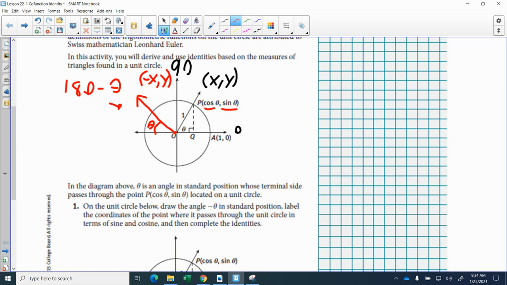In reference to sine and cosine, that would mean you would have a negative cosine, because that is your x value, and a positive sine value. So we'd have a negative cosine and a positive sine function.